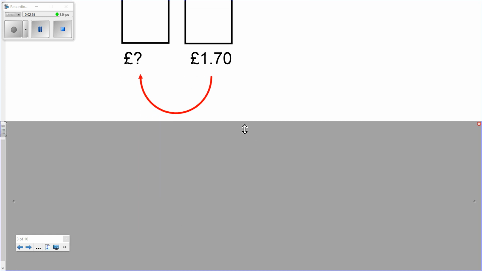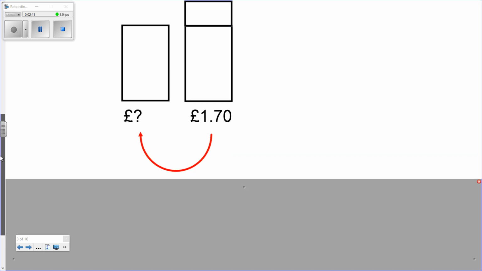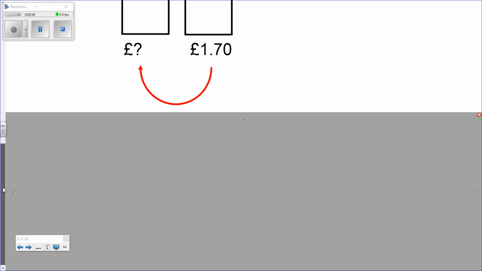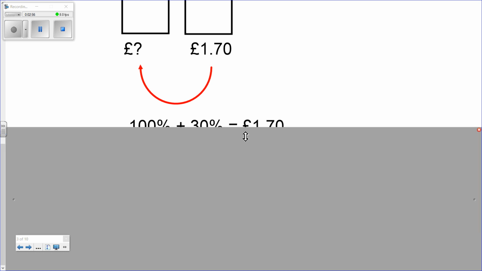Okay, now there's a very clever little layout that we can use to help us to solve this, and it deals with something called proportion. You might have met that before in S1, S2, or if you've done National 5 before. So we're going to work in proportion, and set up the calculation with what we know.